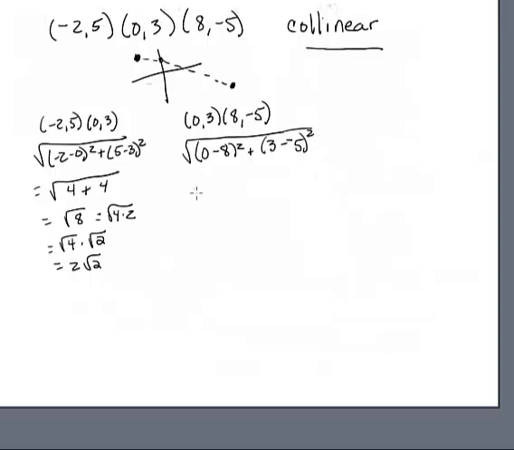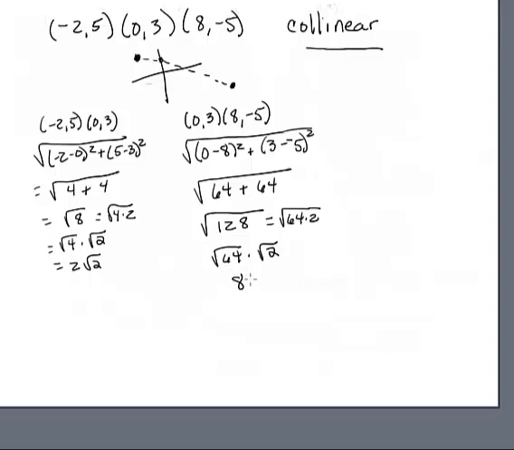Alright, so this is -8 squared is 64, and 3 plus 5 is 8 squared is 64. So that gives me 128. But that can be written as 64 times 2, which is the square root of 64 times the square root of 2, which is 8 square root of 2.